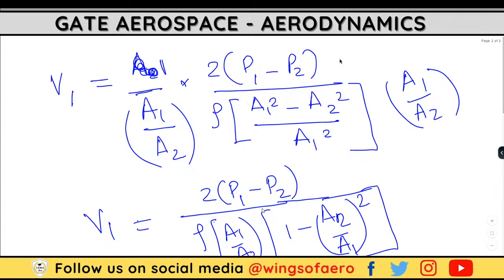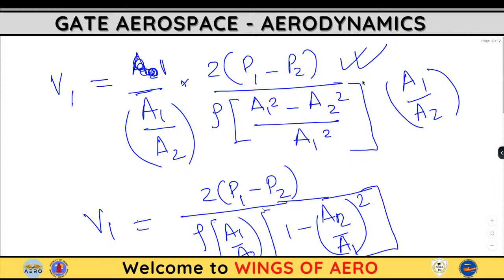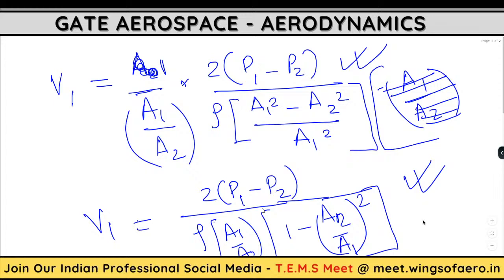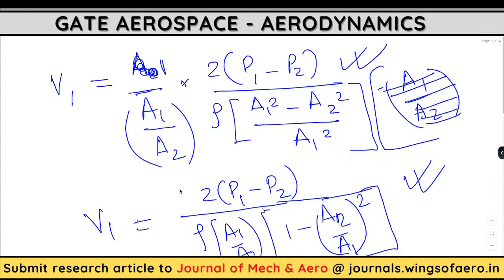The main motto is simple: you have to remember this one also. They might ask in this form, so that's the main motto of expanding. Either they can ask in this form or they can ask in this form. So remember the final expression, but this is much more complicated.